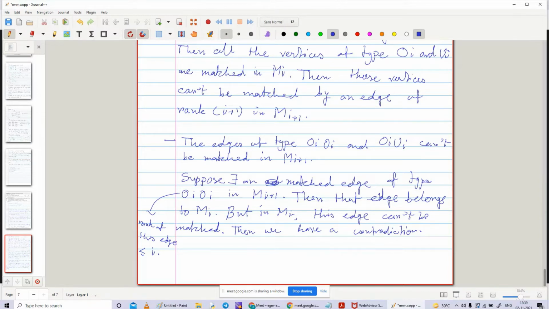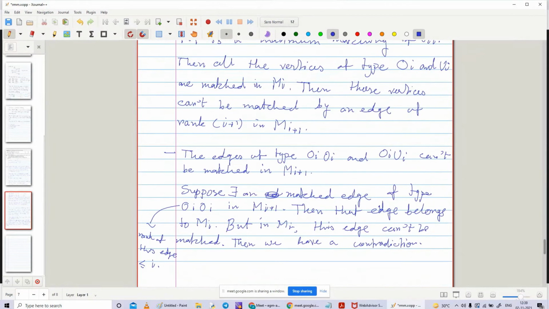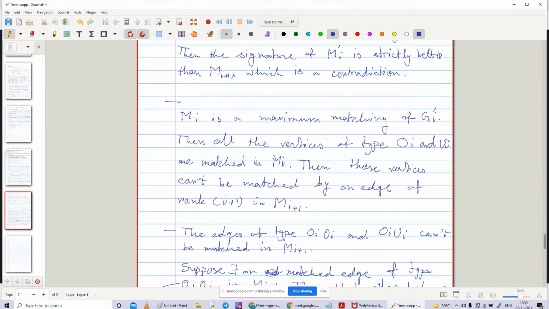Any question about this? This one? Okay, so first of all, you remember how we have defined M_i? Let me write it with a different color.